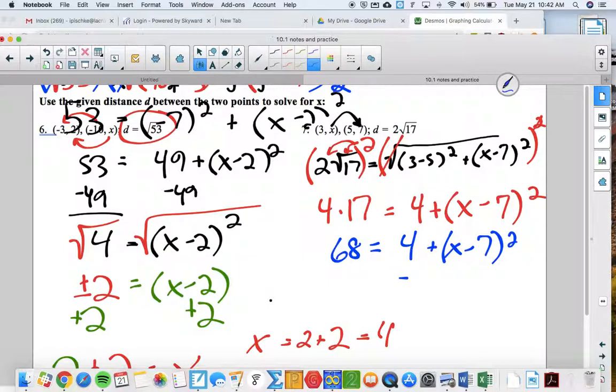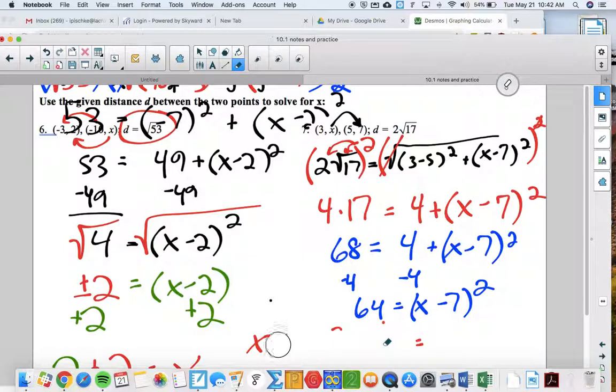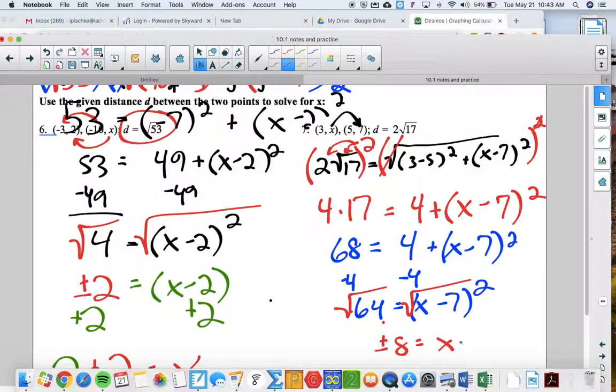So we subtract 4. Subtract 4, we get 64 equals x minus 7 quantity squared. So we'll need to square root each side. Now when we square root the left side, I better show it, we get plus or minus 8 equals x minus 7.